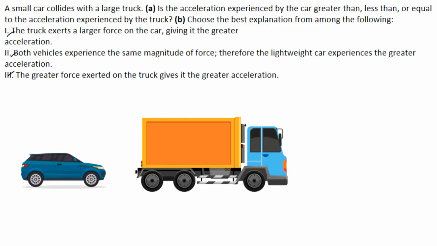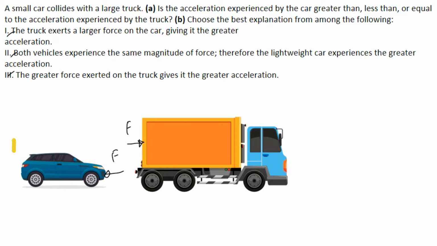Okay, so when the car collides with the large truck, it exerts a contact force on the truck, let it be F, and by Newton's third law of motion the truck will also exert the same force, but opposite in direction, on the car. So the force is the same on both the objects, but the acceleration will be different.